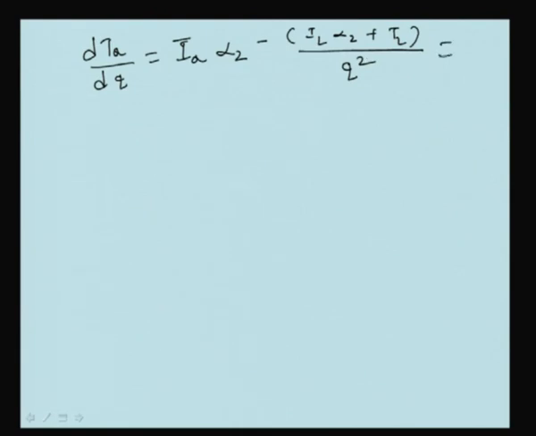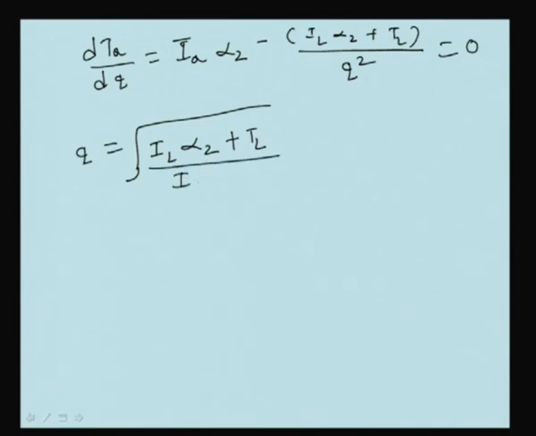This is equal to 0 for minimizing the torque. So therefore Q is equal to under root IL alpha 2 plus TL divided by IA alpha 2. This is the optimum gear ratio.